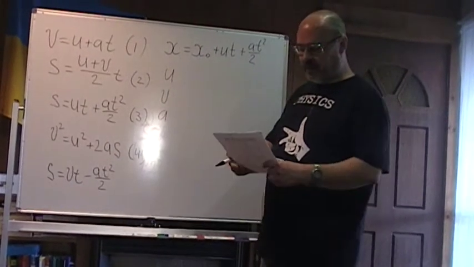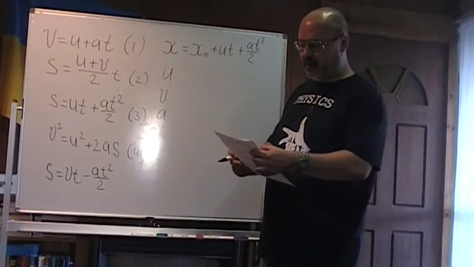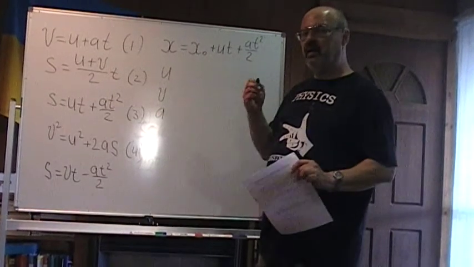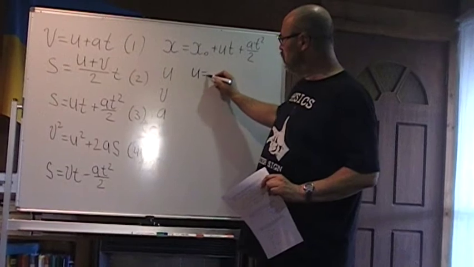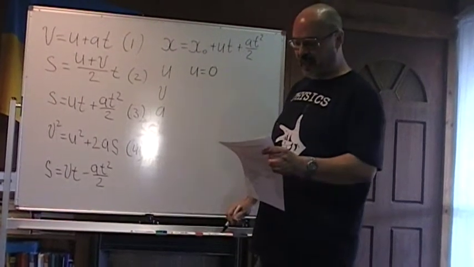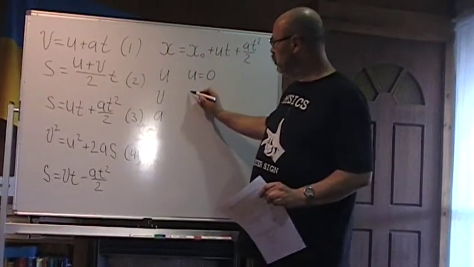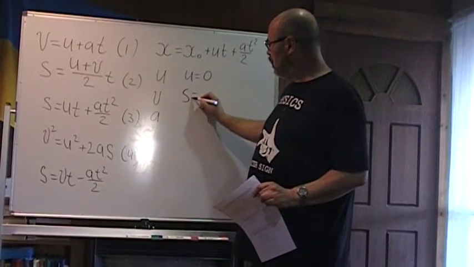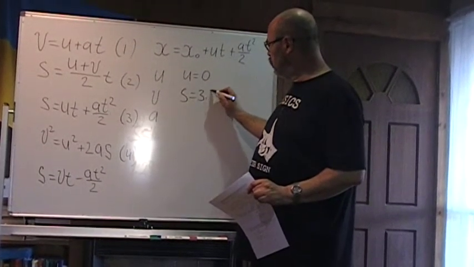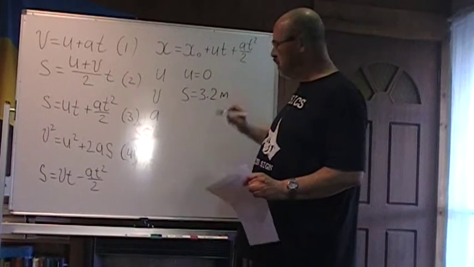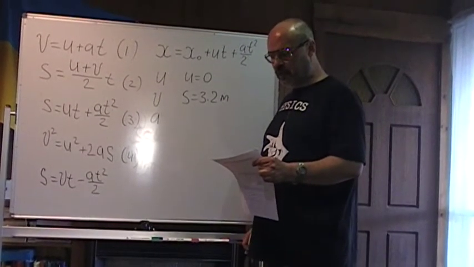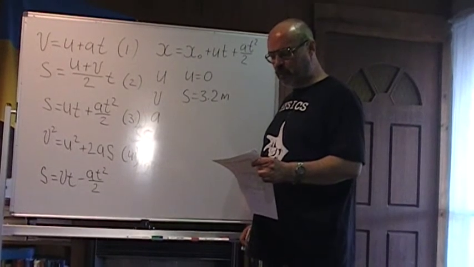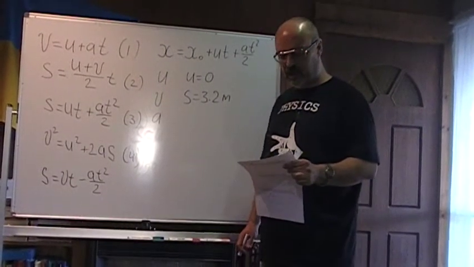So, example. Jake starts from rest. We can immediately notice that the initial velocity equals 0. At the top of a 3.2 meters long playground slide, he slides to the bottom with a constant acceleration.